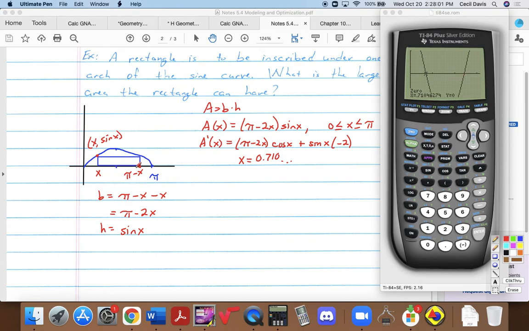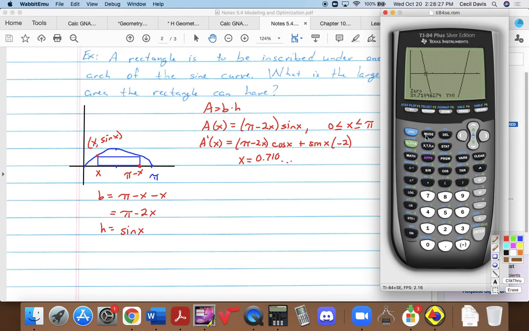If it's over here, all that's going to happen is the rectangle is going to switch sides, right? It's going to be the same area. So what happens to the area at 0 or at pi? It's 0. So all I need to do is find the area at this point. And it says, what is the largest area?